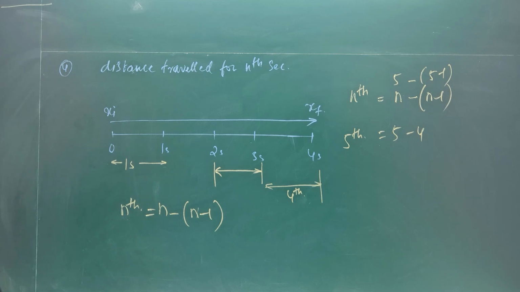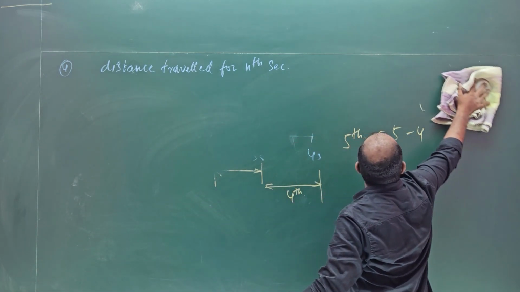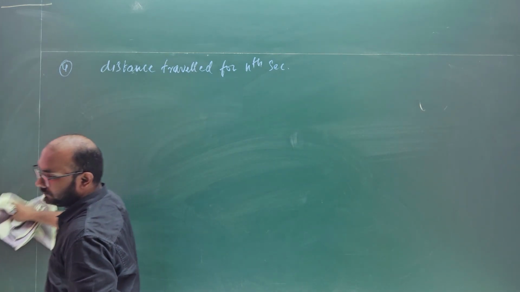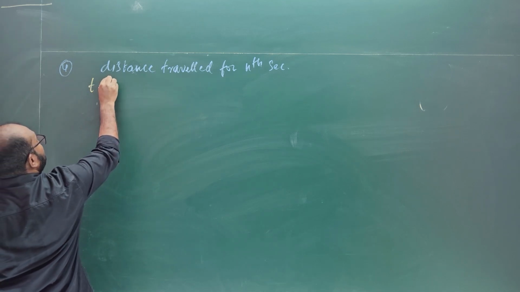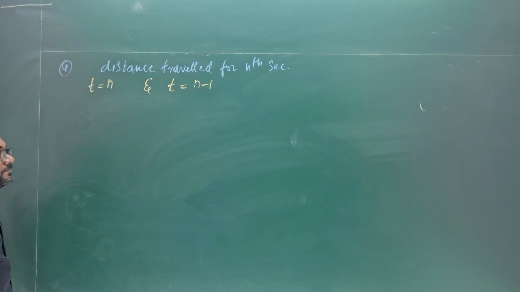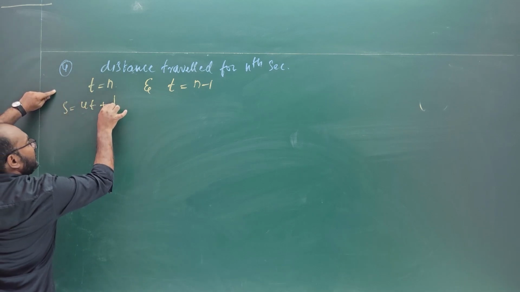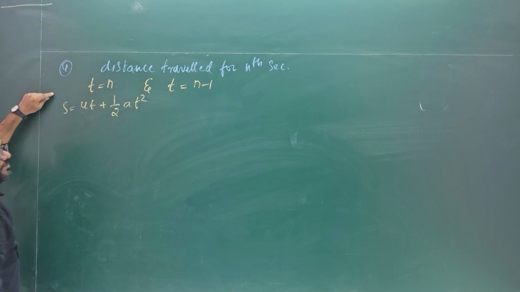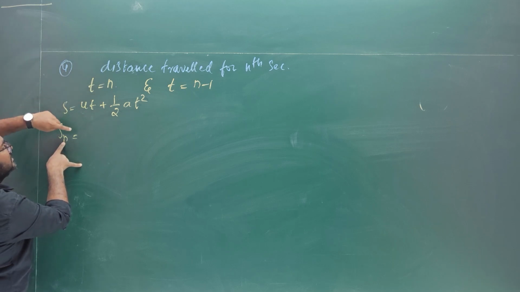Okay? Now let us try to derive that. Considering t is equal to n and t is equal to n minus 1, how much distance is traveled? So s is equal to ut plus half at square is our formula, na? Yes or no? S_n: I am substituting t is equal to n in this one.